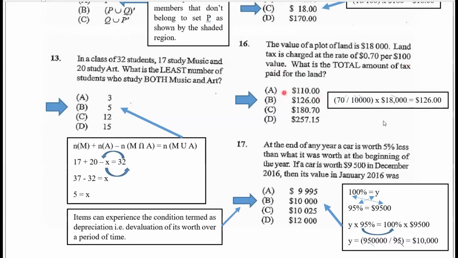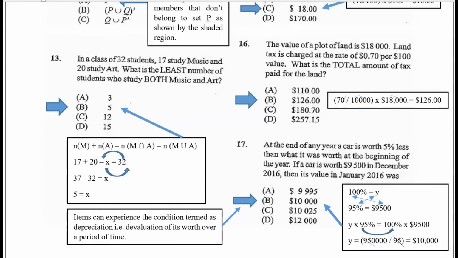Well, one way of doing it is converting the $100 into cents and converting this into cents, and we work it through, where $0.7 is 70 cents and $100 is 10,000 cents, because why? 100 cents make $1, so $100 would be 100 by 100 to get 10,000 cents.